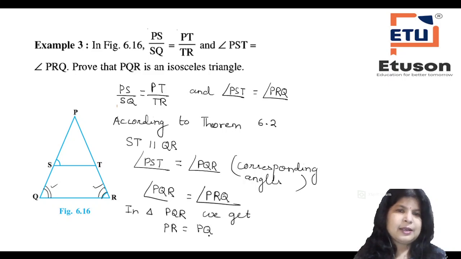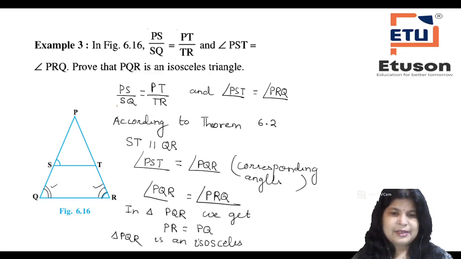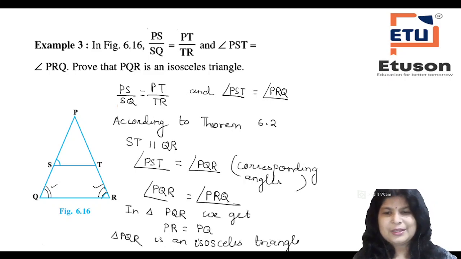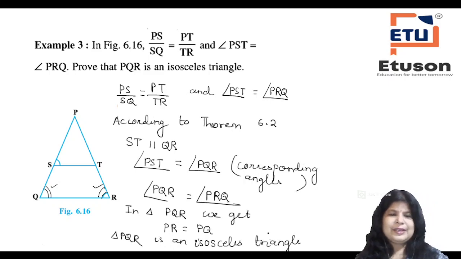So PR is equal to PQ. So automatically it is proved that triangle PQR is an isosceles triangle, right? An isosceles triangle has two equal sides. Correct? Understood, children?